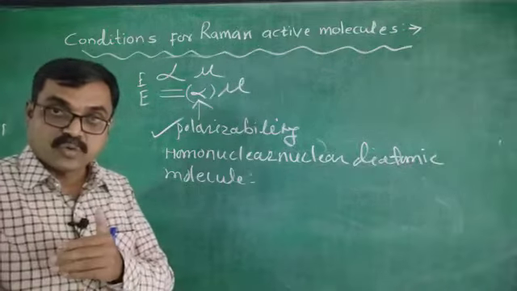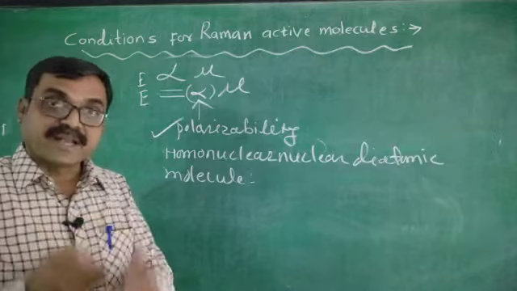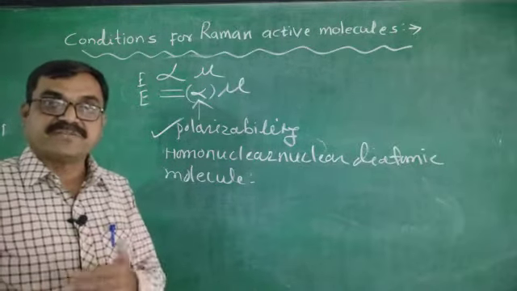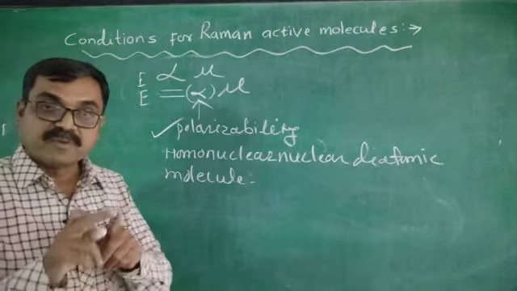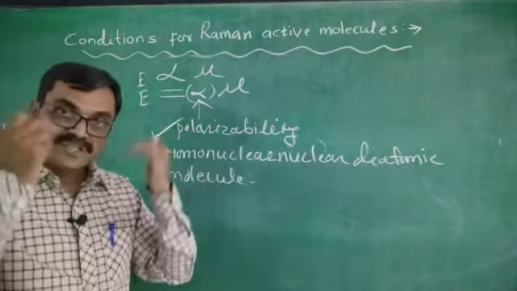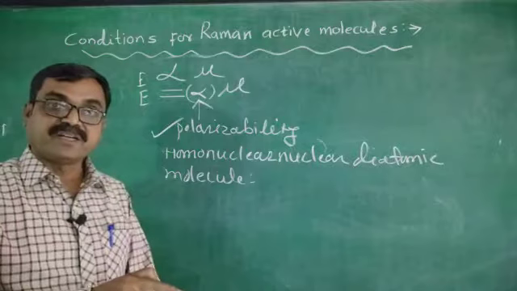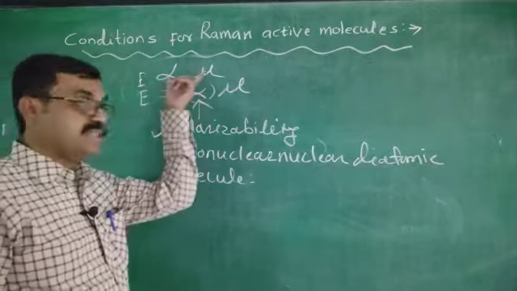It shows the polarization due to application of an external electric field. What happens due to application of the external electric field? There will be distortion. Due to distortion, an induced dipole moment is there. Now, what is the relationship between the magnitude of the electric field and the induced dipole moment?